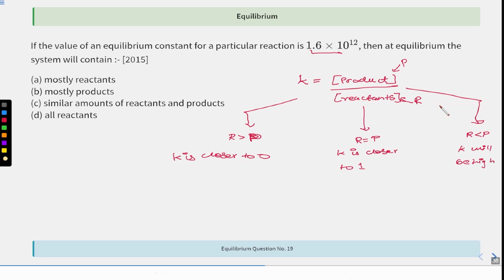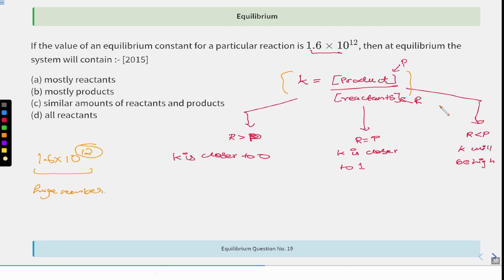Logically speaking, this is what we can derive mathematically using this formula. Now look at our equilibrium constant. It is 1.6 into 10 power 12, which is a huge number.